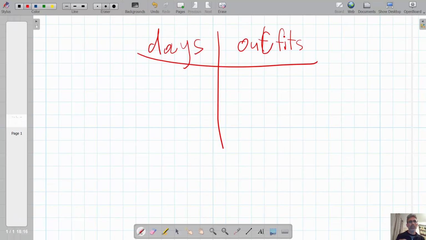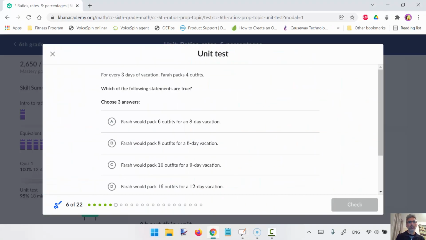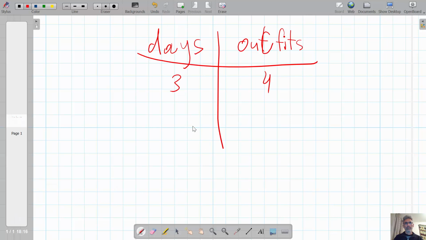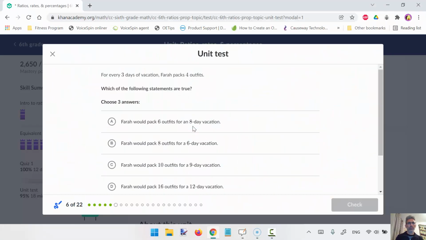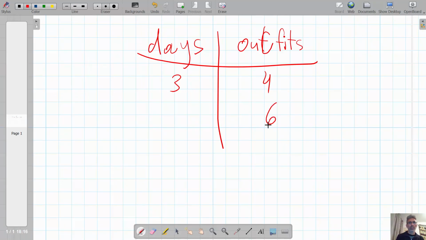For every 3 days of vacation, 4 outfits. Which of the following statements are true? Farah would pack 6 outfits for an 8-day vacation. What? 6 to 8? No, it cannot be.